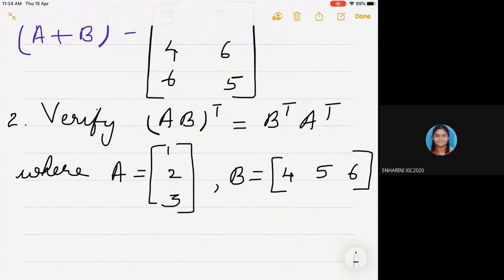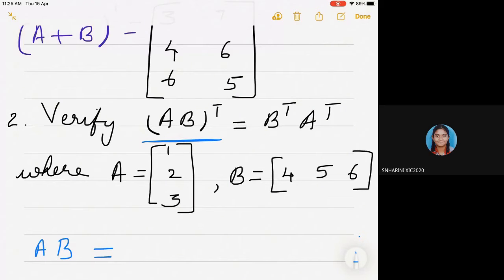There is a procedure of verification of any identity. So to find LHS, you just look at LHS, what it is, (AB) whole transpose. So to find (AB) whole transpose, first of all you have to find AB. So find A into B, the matrix multiplication.